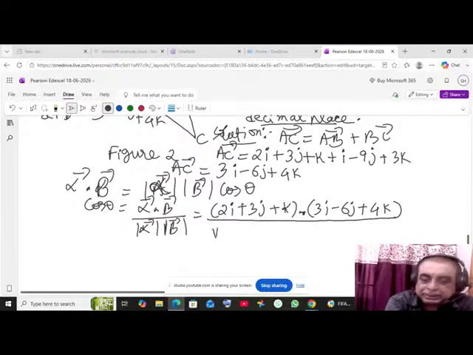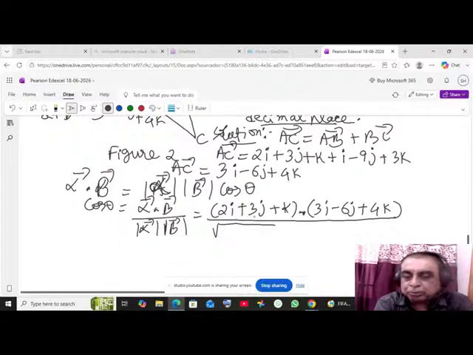The magnitude of alpha is the square root of the squares of the coefficients of i, j and k. The coefficient of i is 2, squared is 4.